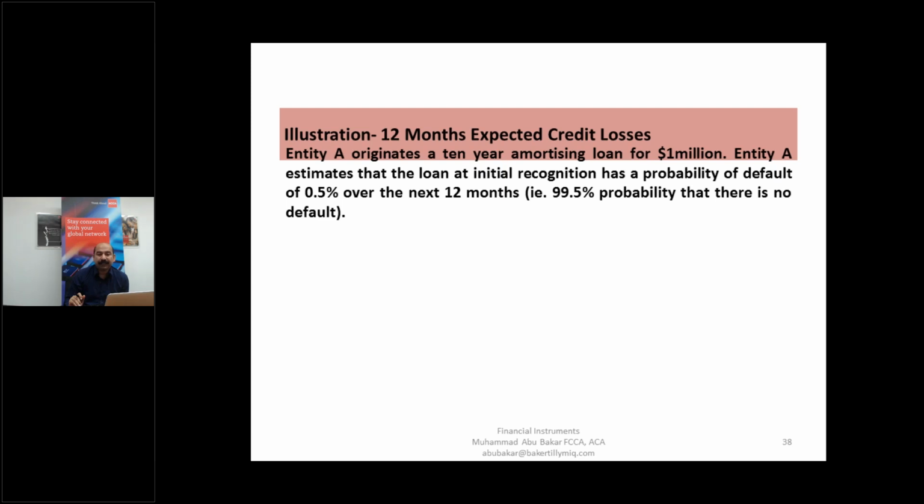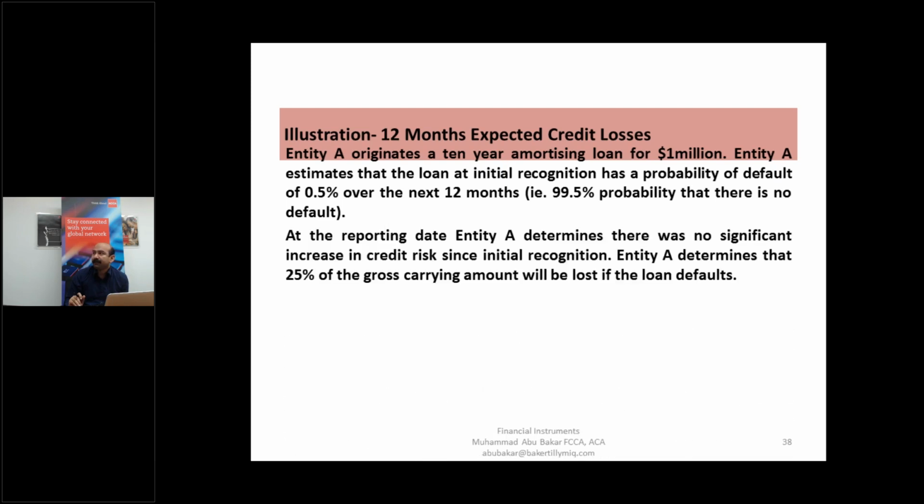At the reporting date, entity A determines that there was no significant increase in credit risk since initial recognition. Entity A determines that 25% of the gross carrying amount will be lost if the loan defaults. Required, calculate the expected credit losses on a 12-month basis.